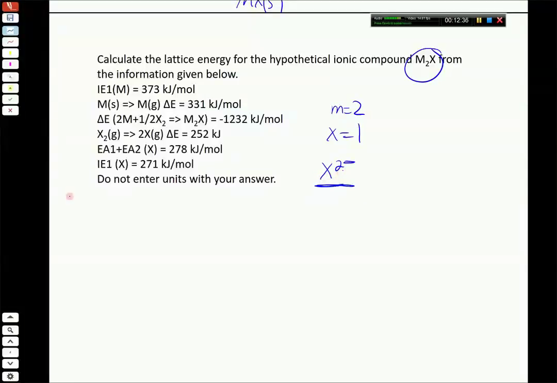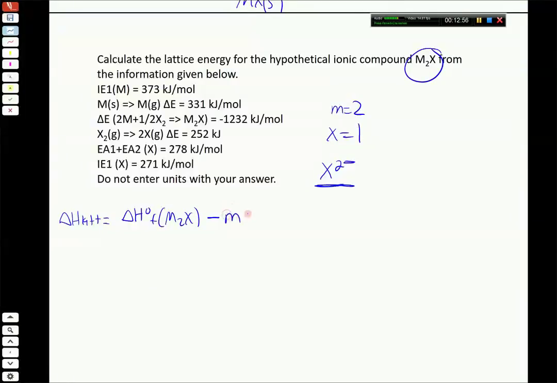So again, we can still use the general formula, which is that lattice enthalpy is equal to delta H of formation for the compound that we're interested in, which in this case is M2X. We subtract 2 terms that are associated with the metal and multiply them by the number of metals we have.